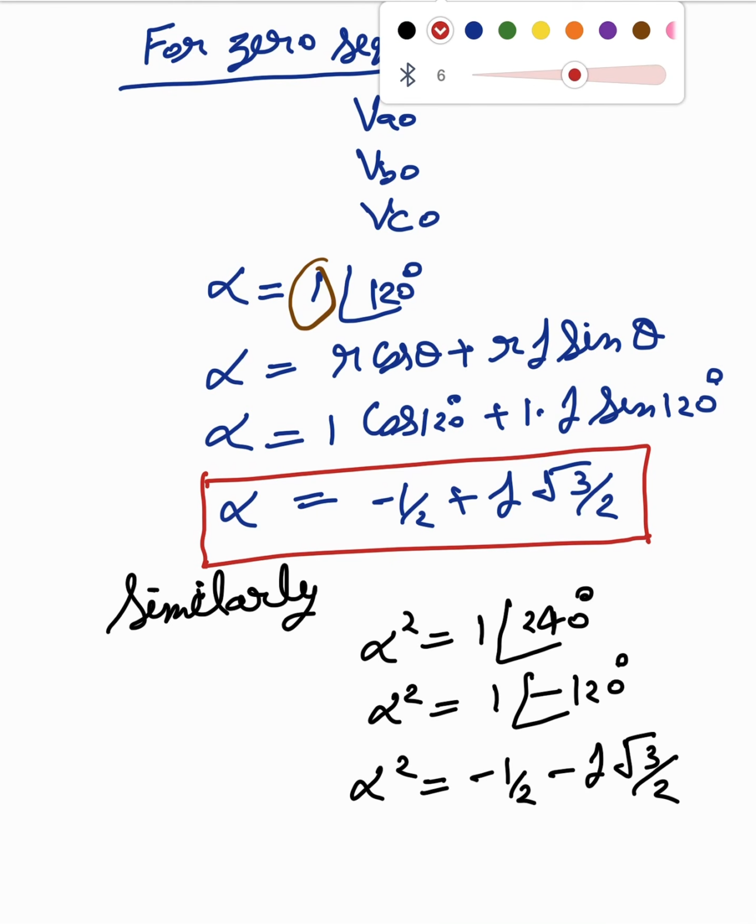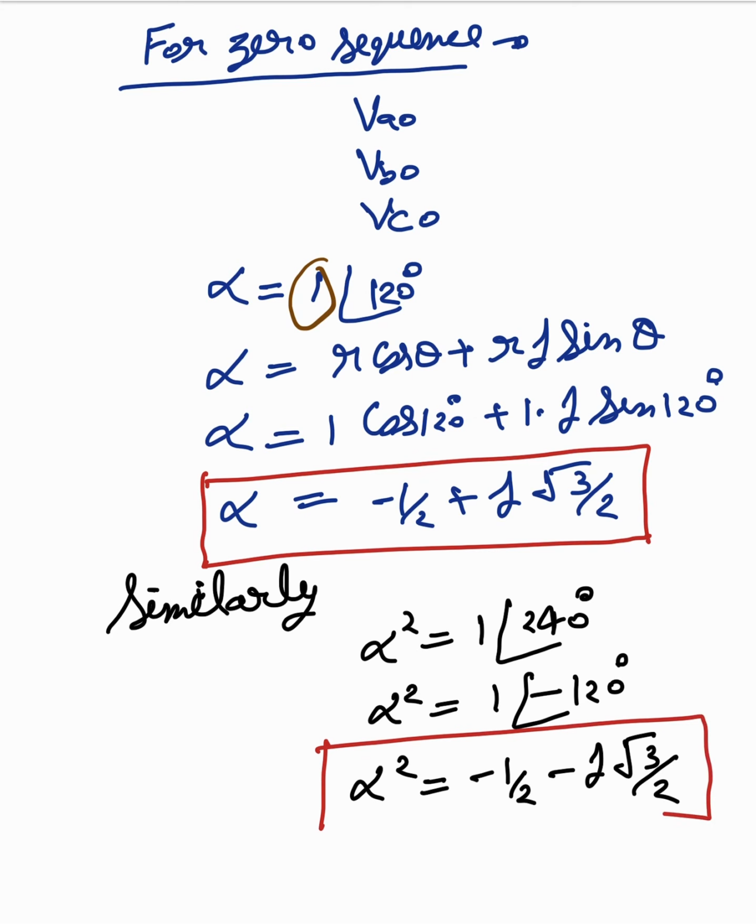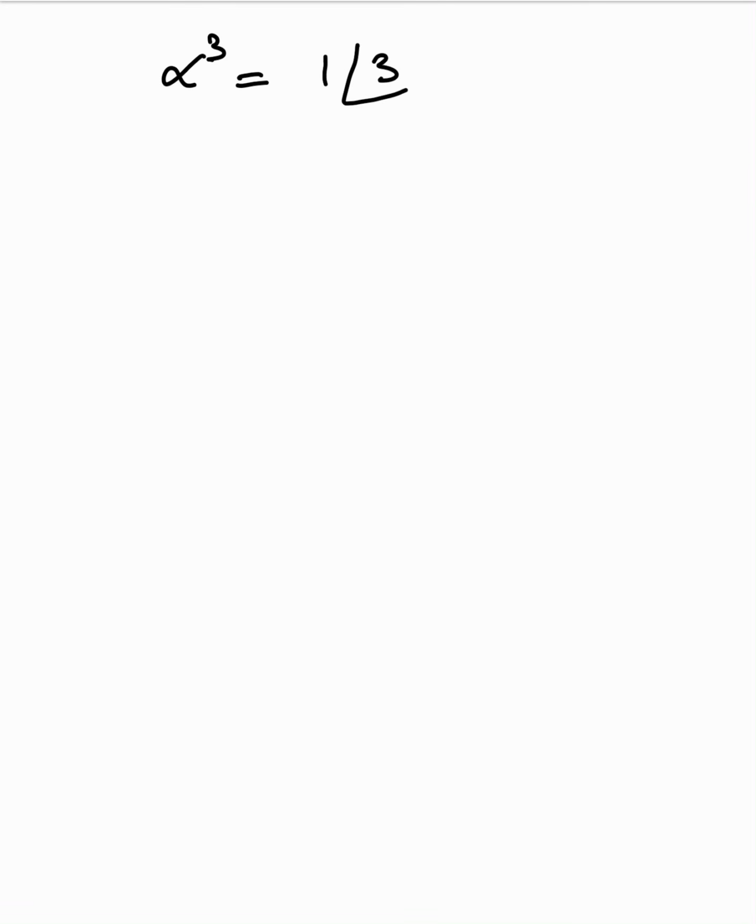So that is the value of alpha square. Next, alpha cube is equal to 1 angle 360 degrees, so alpha cube is equal to 1 angle 0 degrees. So alpha cube is equal to 1.